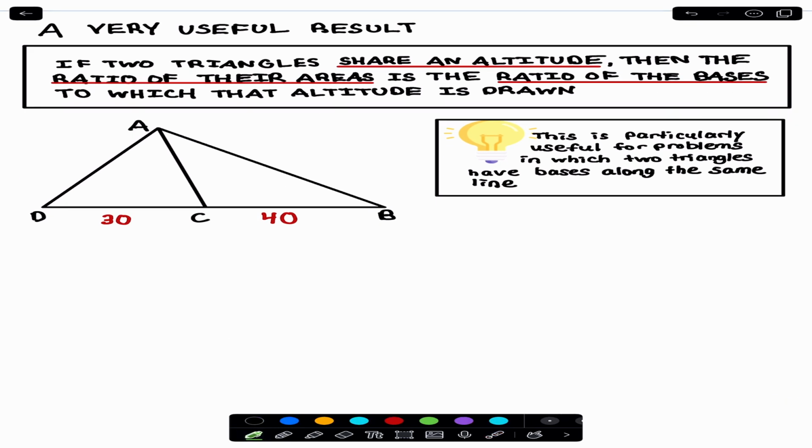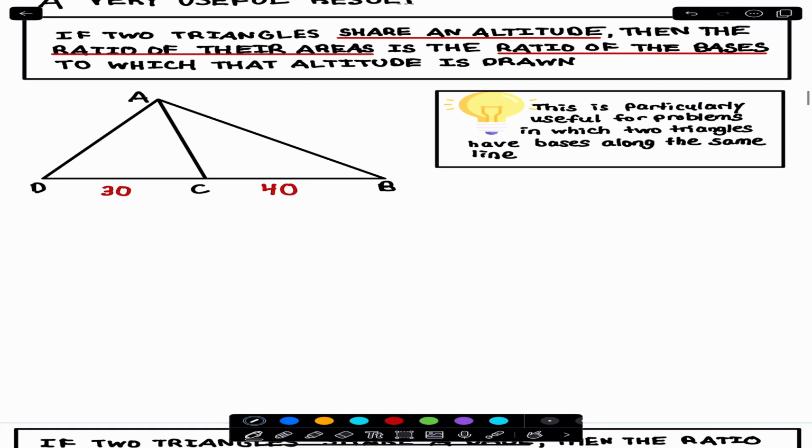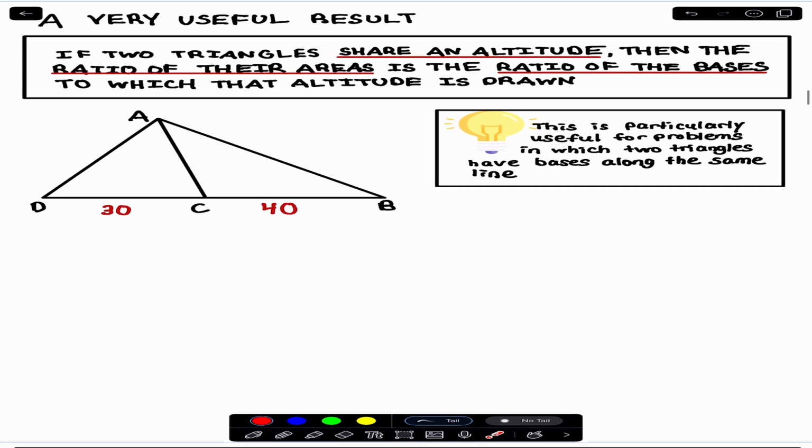If you don't know what I'm talking about, this will make it very clear. And I want you to remember that this useful result is particularly useful for problems in which two triangles have bases along the same line.